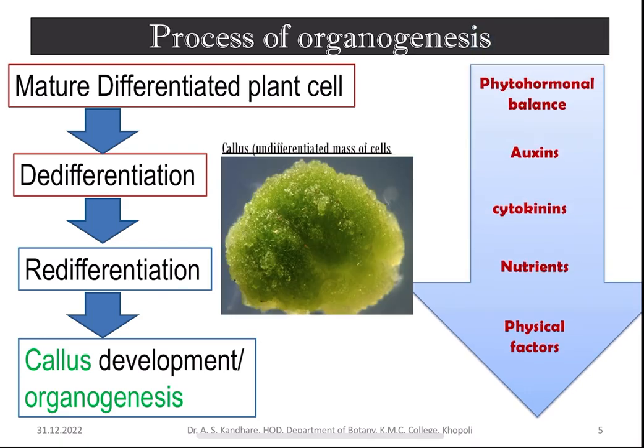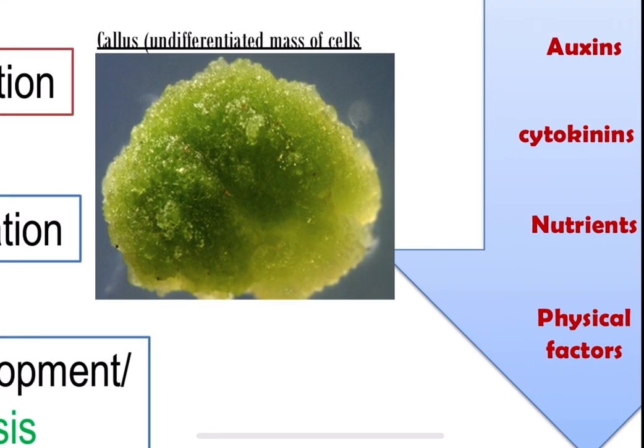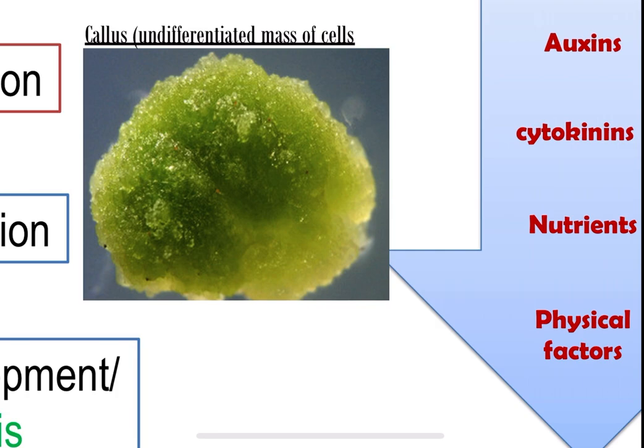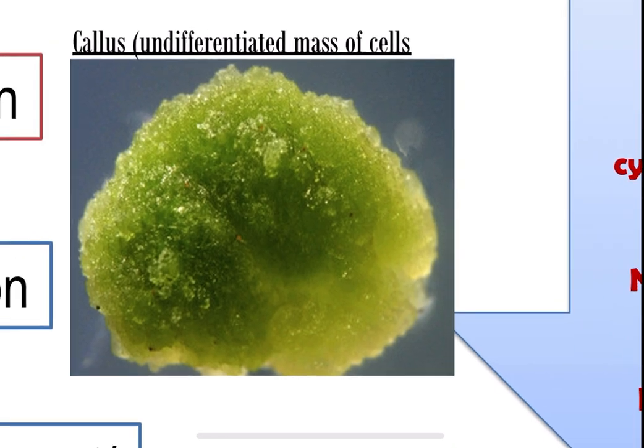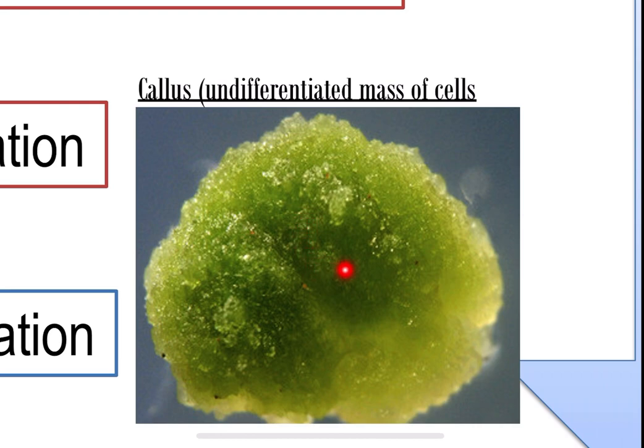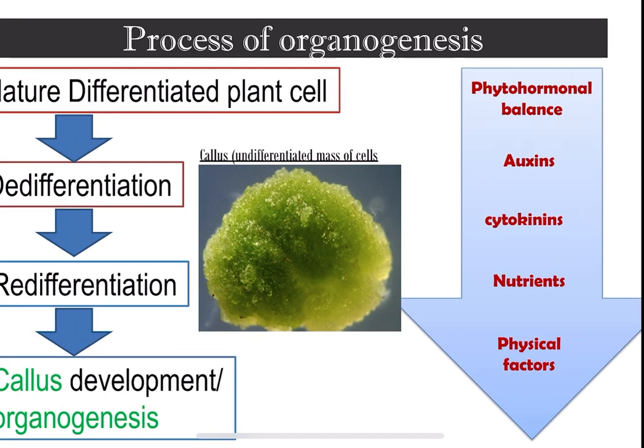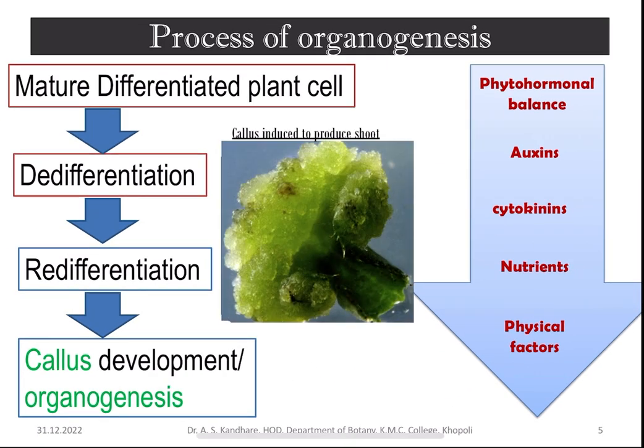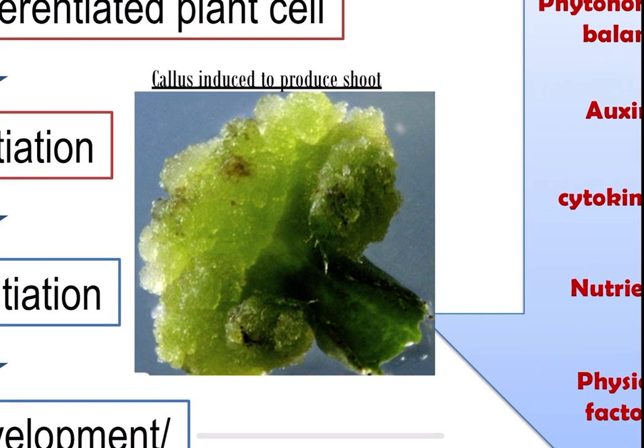And once you make the culture, it can be transformed into an undifferentiated mass of cells. This is called callus. So here you can see this is the callus formation, isn't it? Once you cultivate the cell or tissue, you can produce this undifferentiated mass of cells called callus.